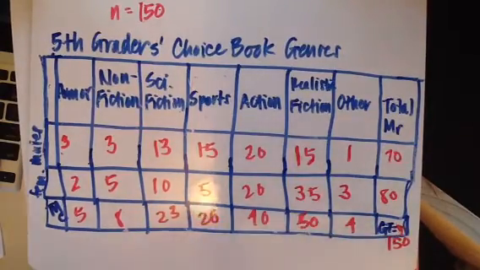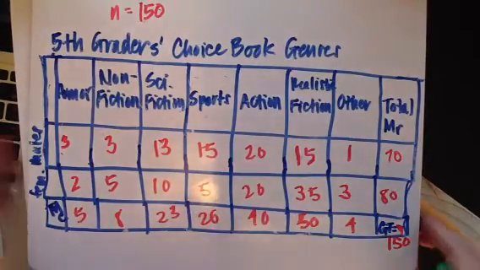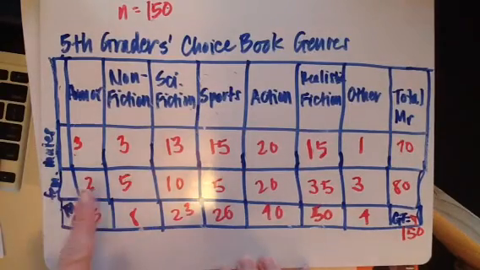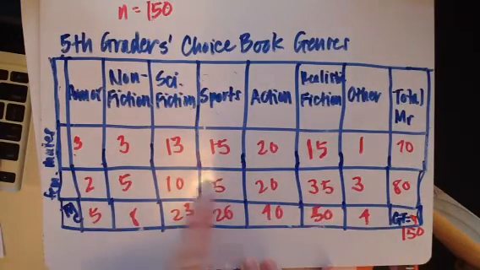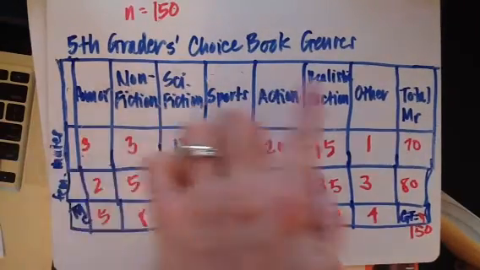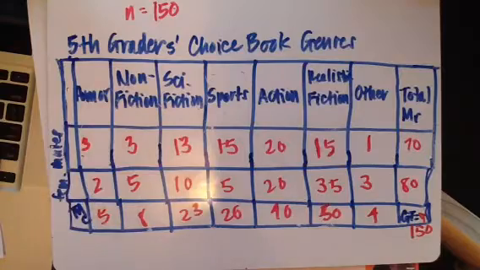All right, so now what we would be doing with our test of independence is we're trying to determine whether there are statistically significant differences in our males and females as far as what genre they select for their independent book choice, okay?